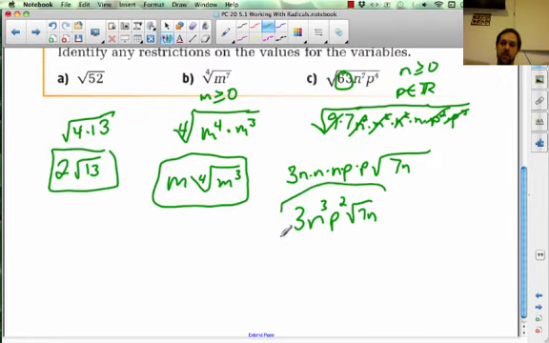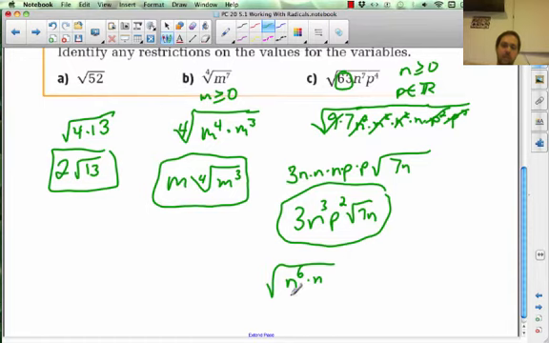Now there is a quicker way to do this. If you want to take a shortcut, I'll just show you quickly. N to the 7 can be written as n to the 6 times n. And if we're taking the square root of something to an even power, it will just have half that power. So n to the 6, you take it out, becomes n cubed, and just n would be left.